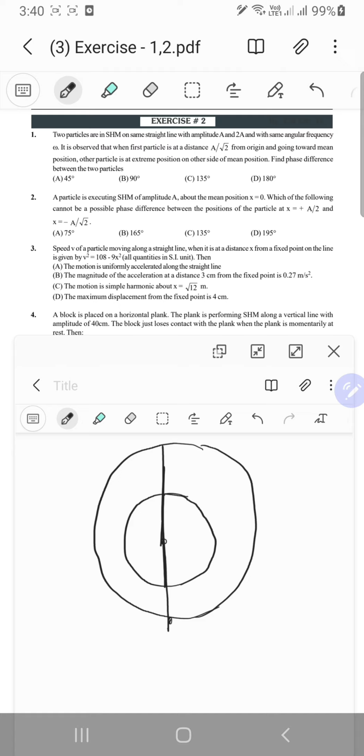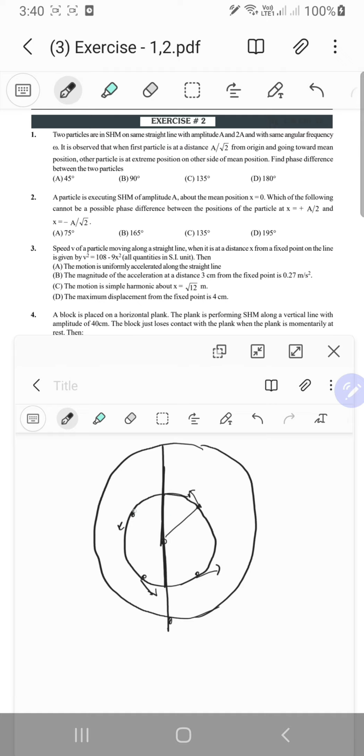It is observed that when the first particle is at distance A by square root 2 from the origin, so A by square root 2, that's more like A sine pi by 4, which can be at which points? Well, this point, this point, this point, or this point, and going towards the mean position. The velocity would be like this, like this, like this, like this.